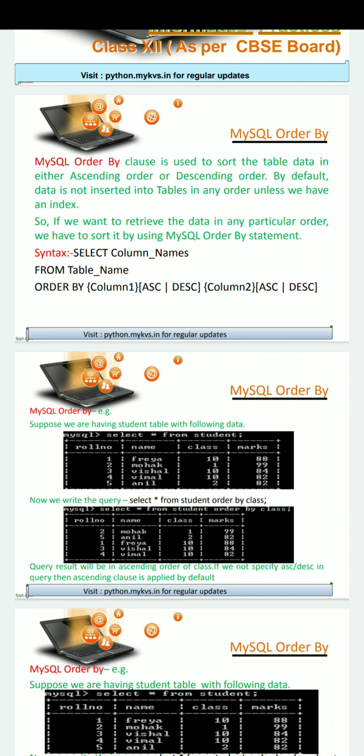You students will practically find ordering in Flipkart and Amazon also. You will have seen sort by. One option is given there to sort by, and there they write low to high according to price and high to low according to price.